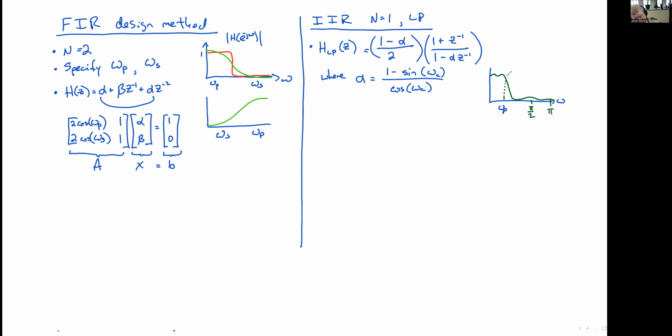I find the derivation of this particular first order IIR filter less important than the result. And the result is that this gives you a method so that you can compute on the fly any arbitrary first order IIR low pass transfer function for any changing cutoff frequency.